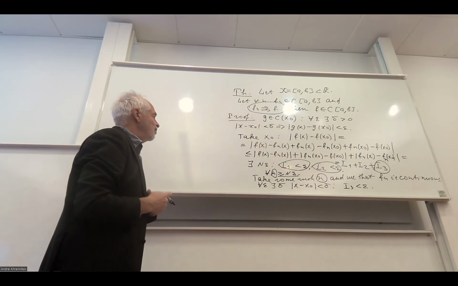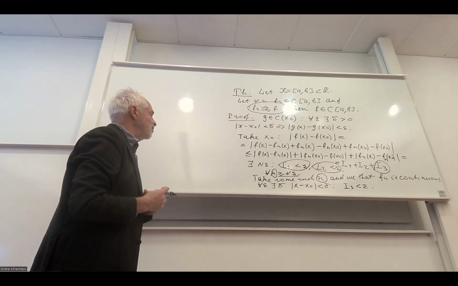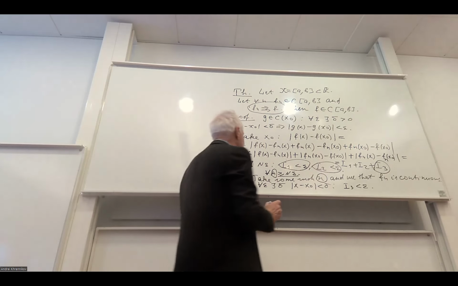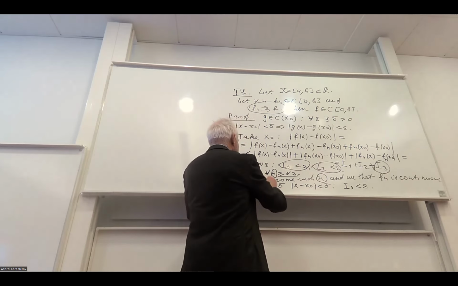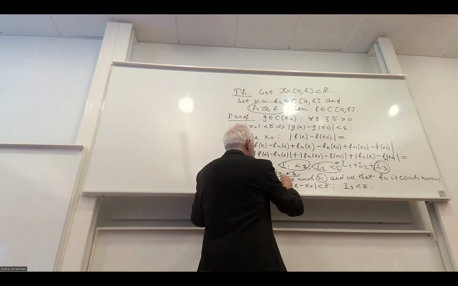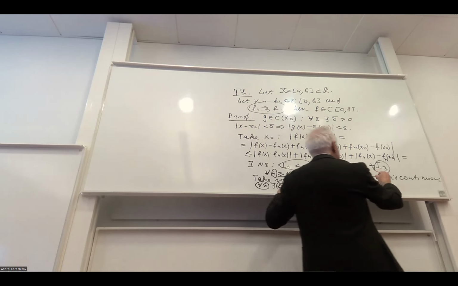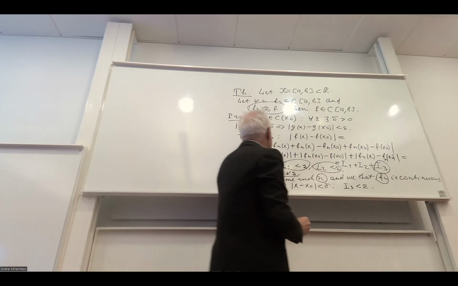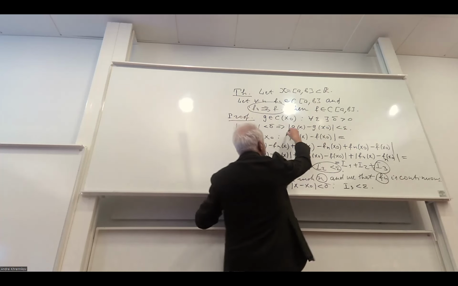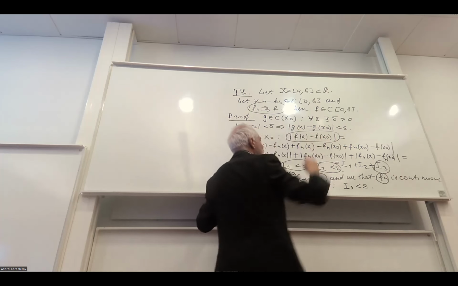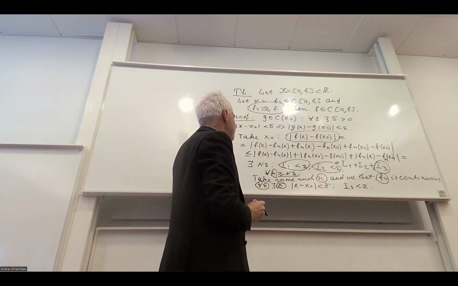So now we can formalize this: if we take for some epsilon such delta, which we selected for this function f_n, then our original difference would be less or equal to 3 epsilon.